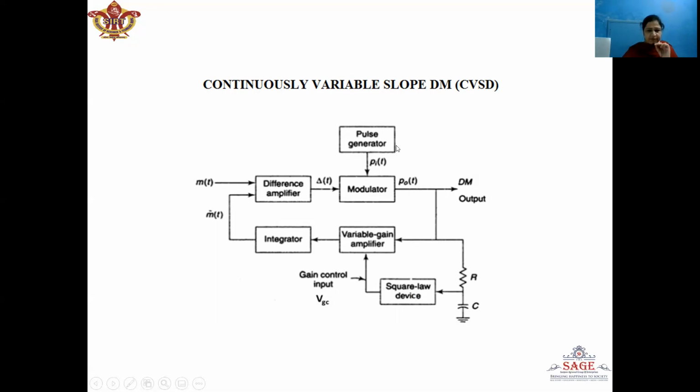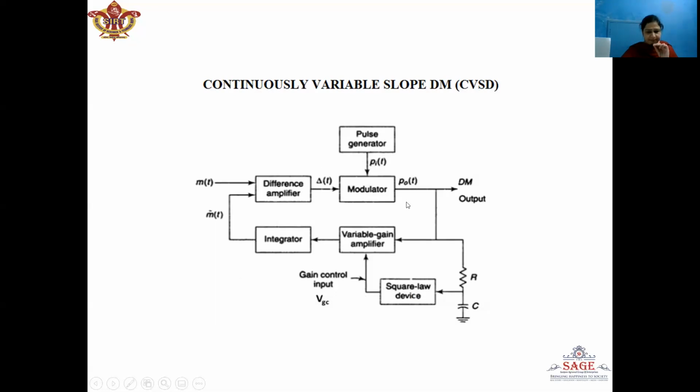The pulse generator will generate the train of pulses. The pulse train Pi(t) is of positive pulses. The modulator will receive Pi(t) and the error signal delta t. The modulated output Po(t) is the input pulse train Pi(t) multiplied by +1 or -1 depending upon the polarity of delta t.